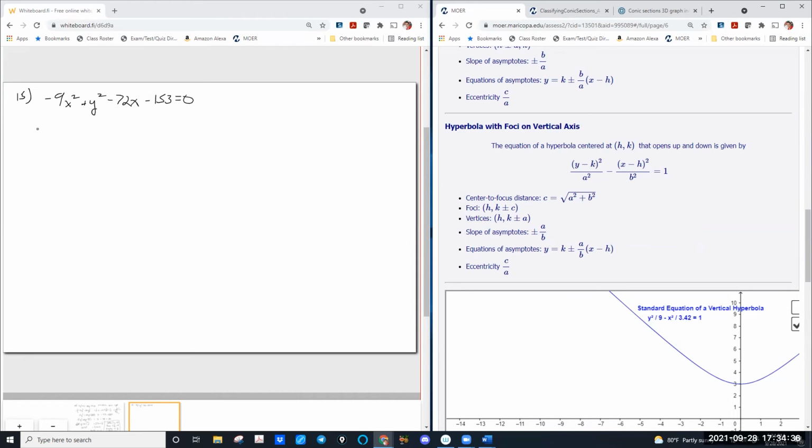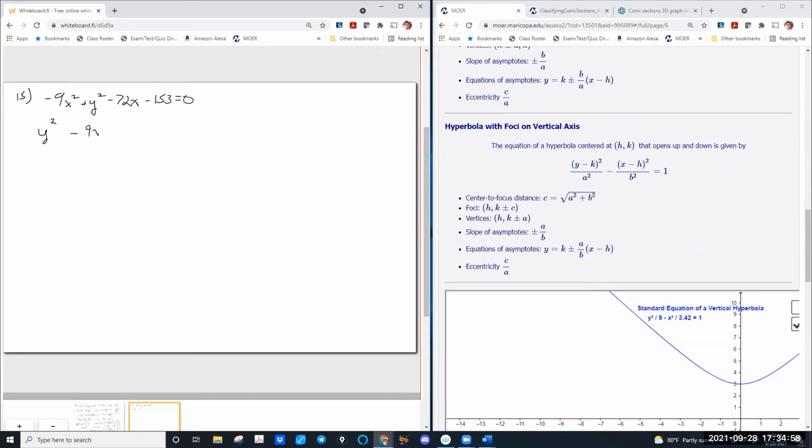Since we have that one negative, I'm going to group our y terms in front. I only have the one y term, so I won't have to complete the square in y. But if there was like a 25y term, I'd put plus 25y, leave a space because I've got to complete the square in y.